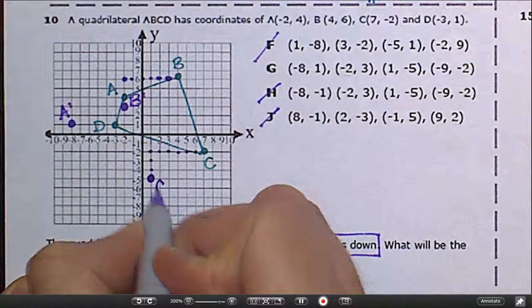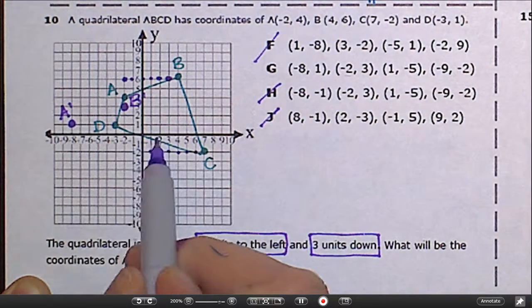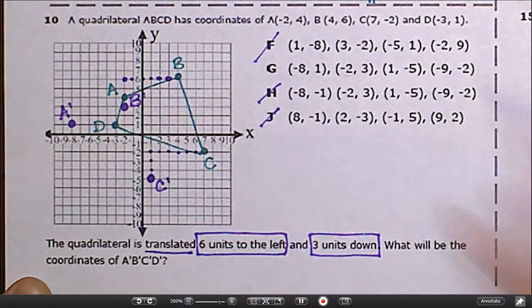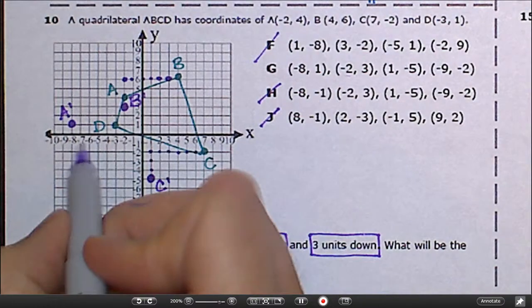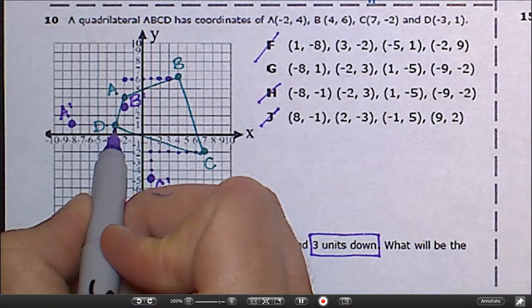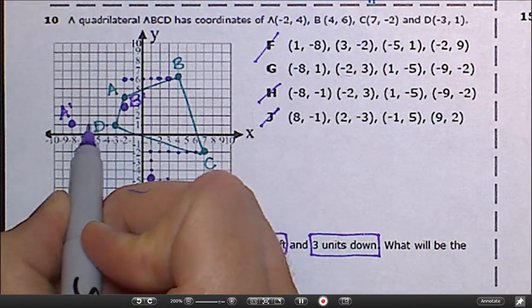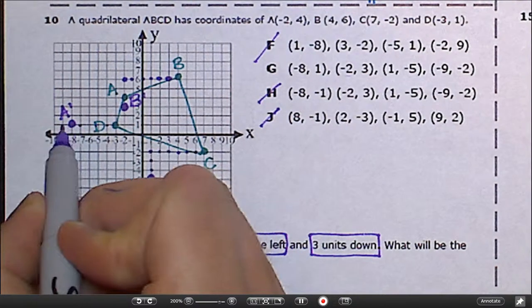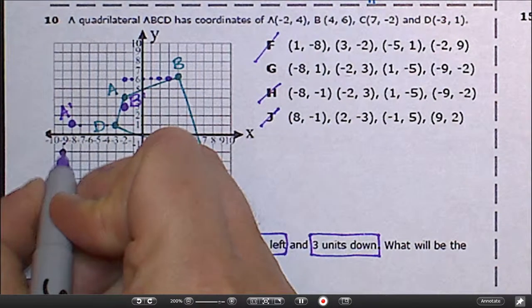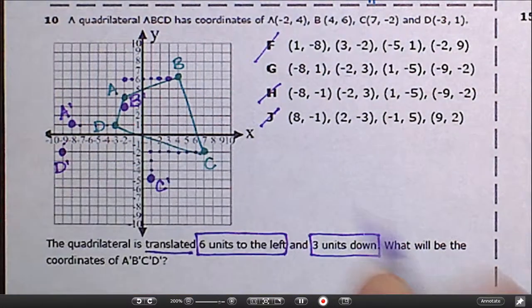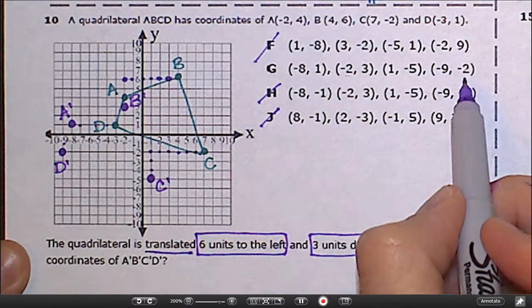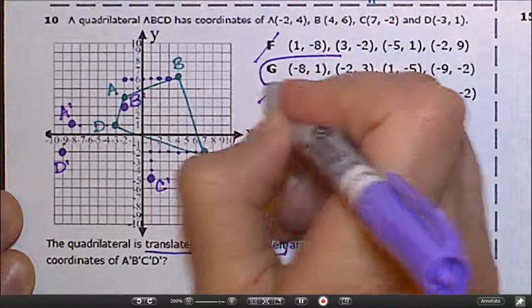This is C prime. So that's 1, -5, and we're good on that one. And then D goes 1, 2, oops, let me start back at D. 1, 2, 3, 4, 5, 6, and then 1, 2, 3 down. And that's D prime. And I see that that's -9, -2, which is correct. So we are good to go here.